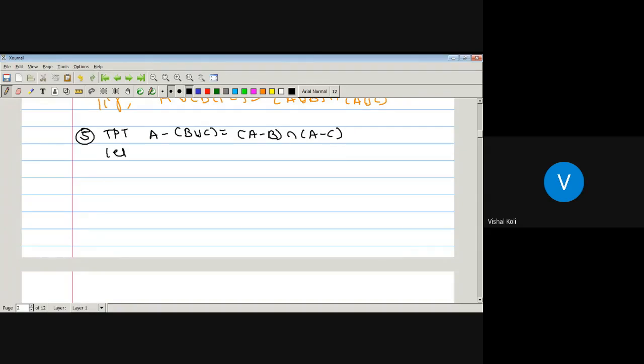Now again let X be any element which belongs to A minus (B union C).